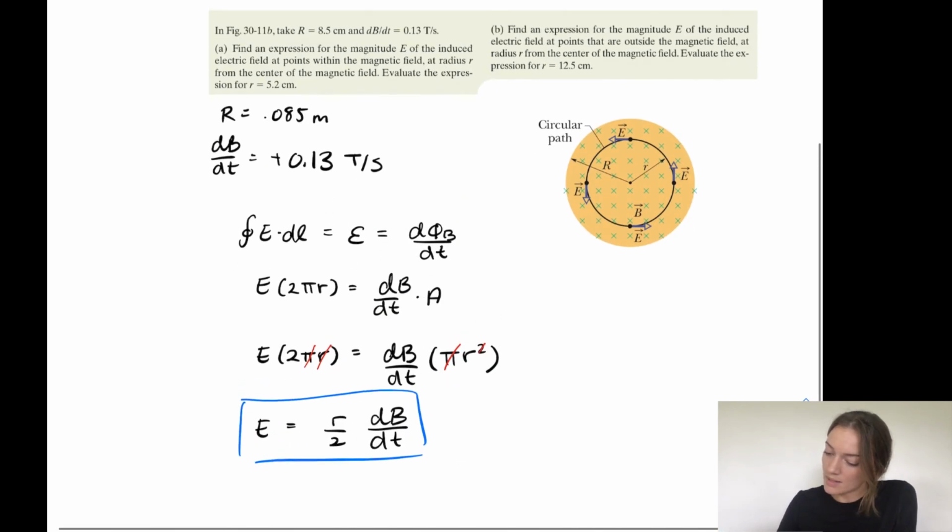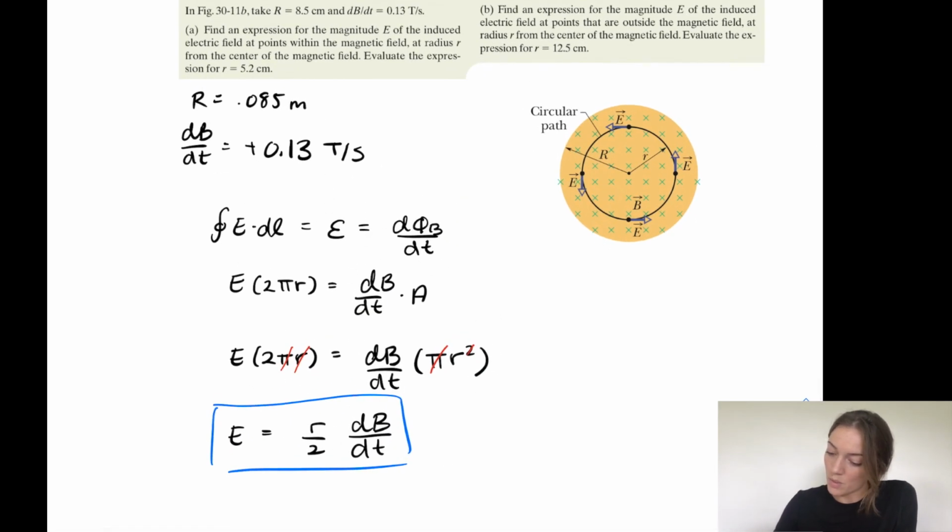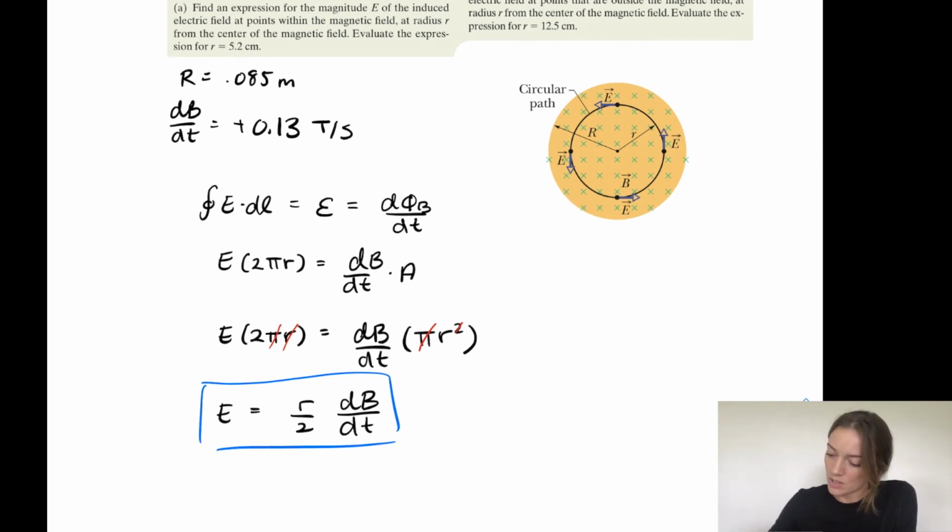And then it says to find the expression for r equal to 5.2 centimeters. So if you wanted to just plug in r equal to 5.2 centimeters, you would plug in 0.052 meters for r divided by 2, and then dB/dt we're told is 0.13.